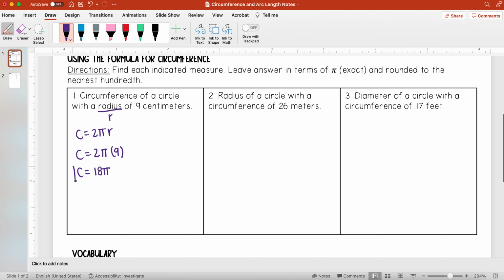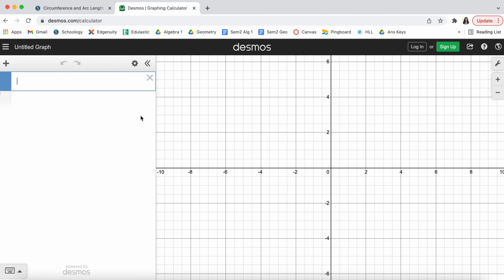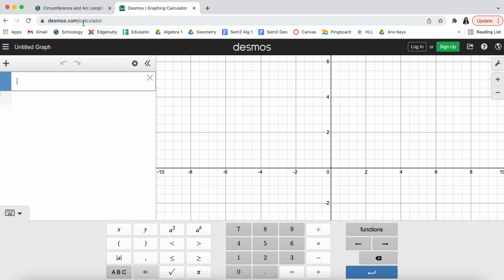So this is my first answer. This is my exact answer, 18 pi. But now I'm going to go ahead and actually multiply 18 times pi and get a rounded answer. So if you have a calculator, you should have a pi button that will do that for you. Or if you do not, you can go to desmos.com/calculator, and there is a pi button here.